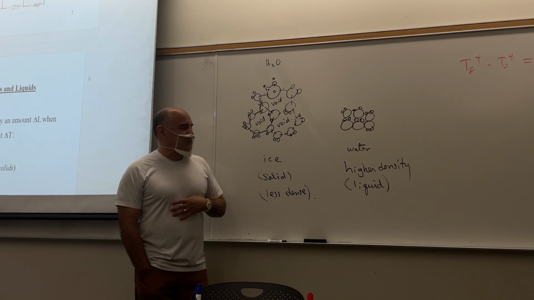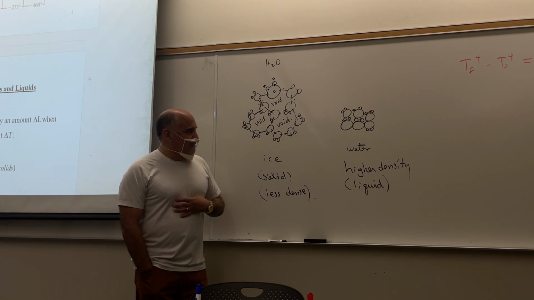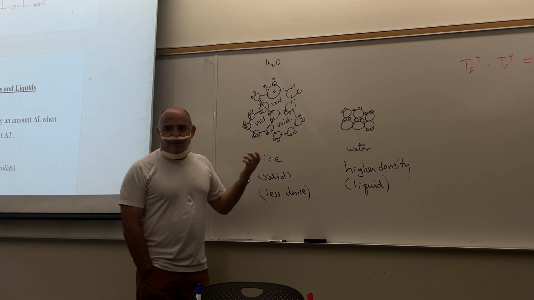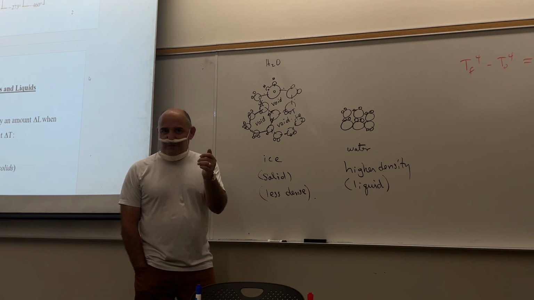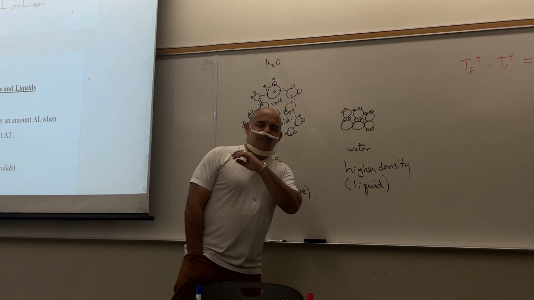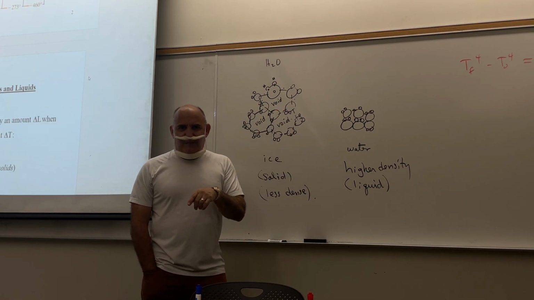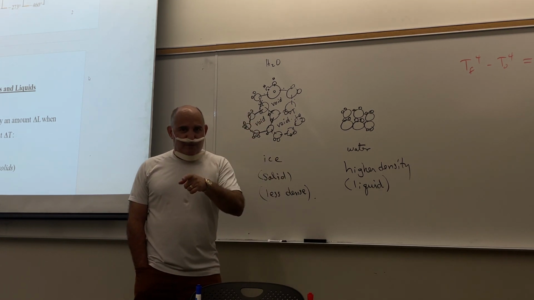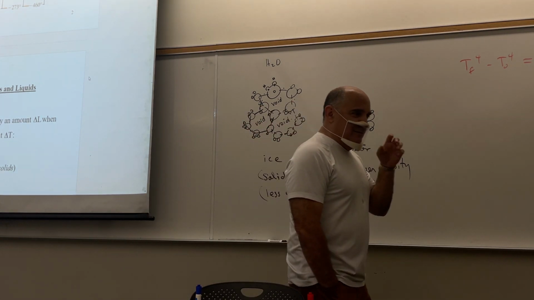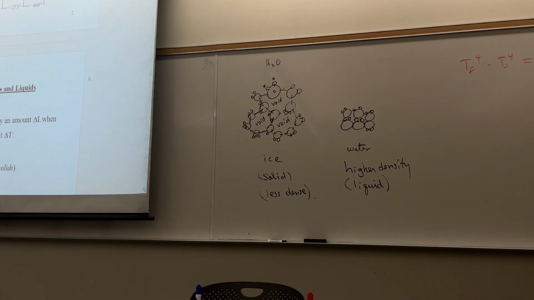You need huge pressures. But a chunk of iron would float on iron. I'm sorry, diamond. I think I said iron. No, it's diamond. Sorry, I misspoke. So diamond in its solid form will float in diamond in its liquid form. That's the only other substance that I know of, but there may be others. I don't remember them.